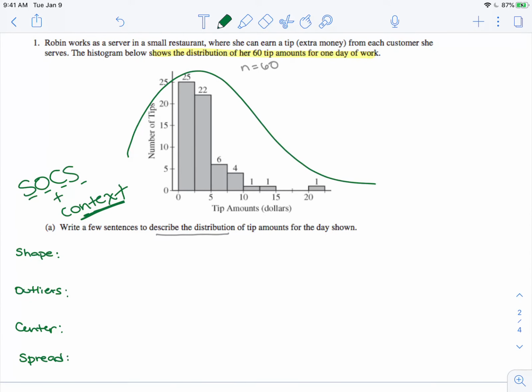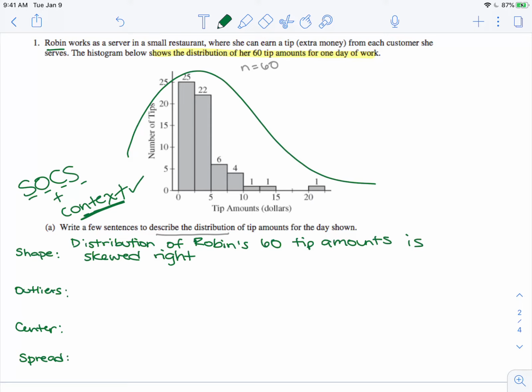So I'm going to say the distribution of Robin's 60 tip amounts is skewed right, like my right foot. Okay, I got the context out of the way, so I don't have to worry about that anymore.